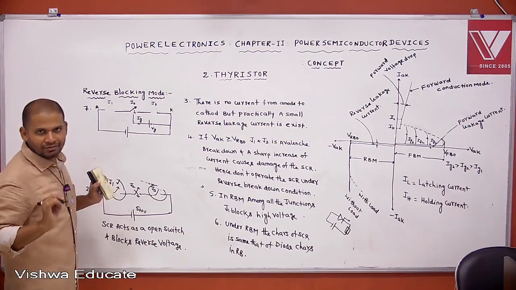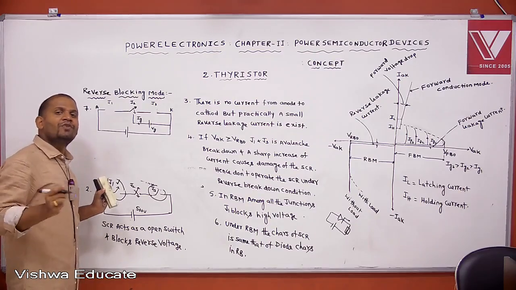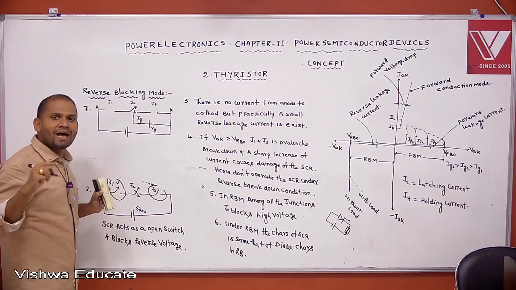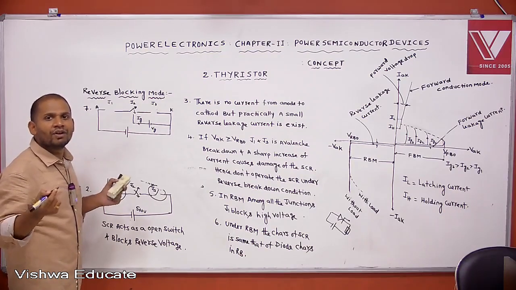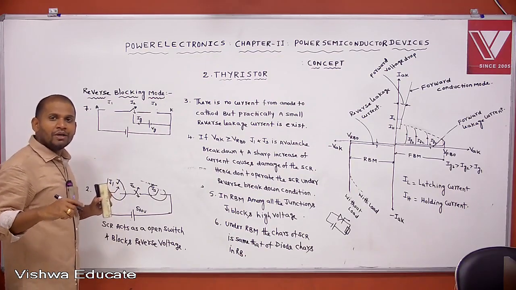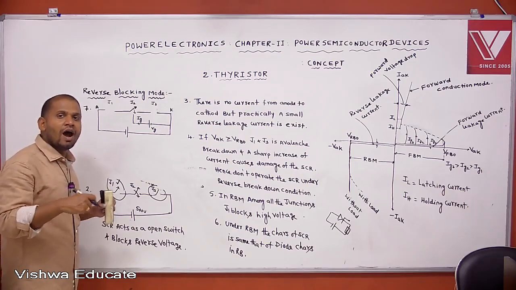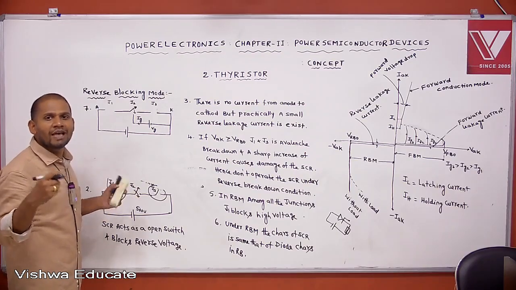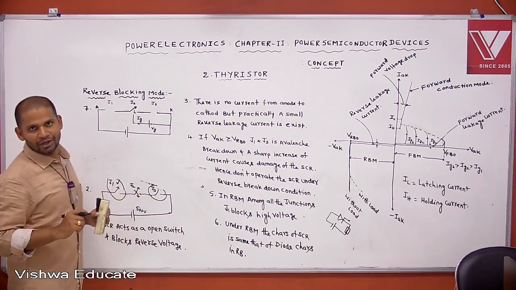Hence, don't give the triggering pulse. Under which condition? Reverse bias condition. If you give the triggering pulse under reverse bias condition, the SCR will not trigger. But if you continuously increase the gate current, after some time J2 will be saturated, then J2 will be damaged.